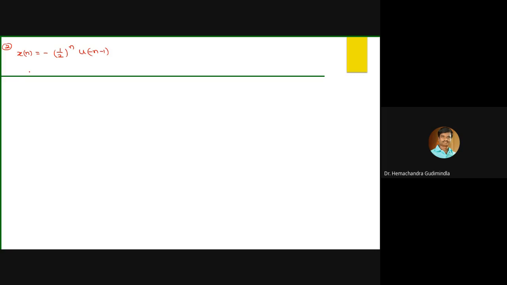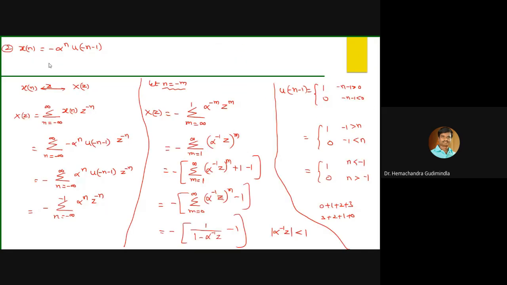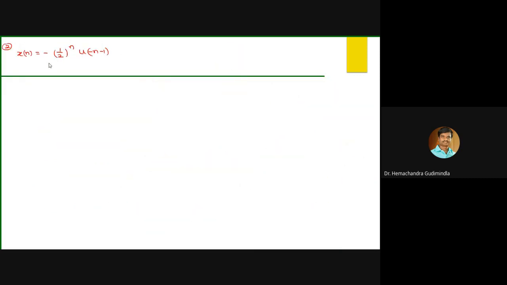What is the Z transform? So anyway you need to follow the procedure as given here. In the place of alpha you need to write 1 by 2 whole power n. That everything you need to write.